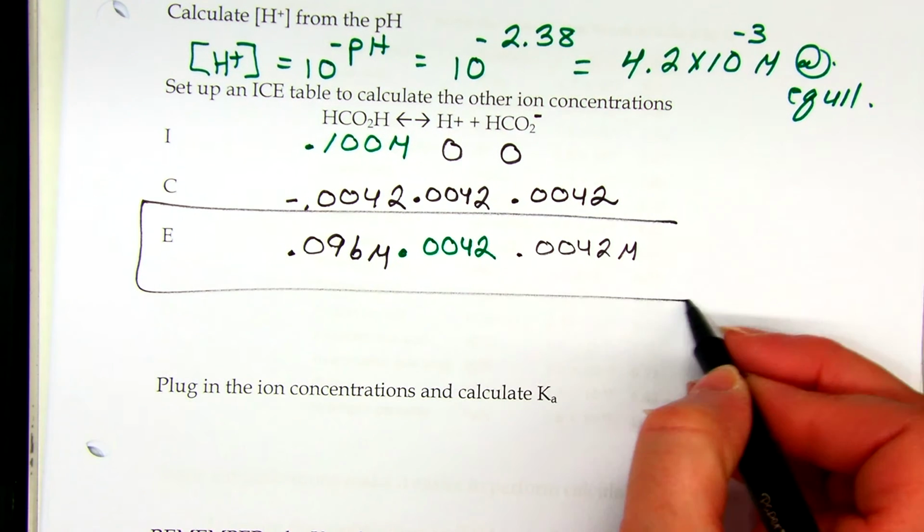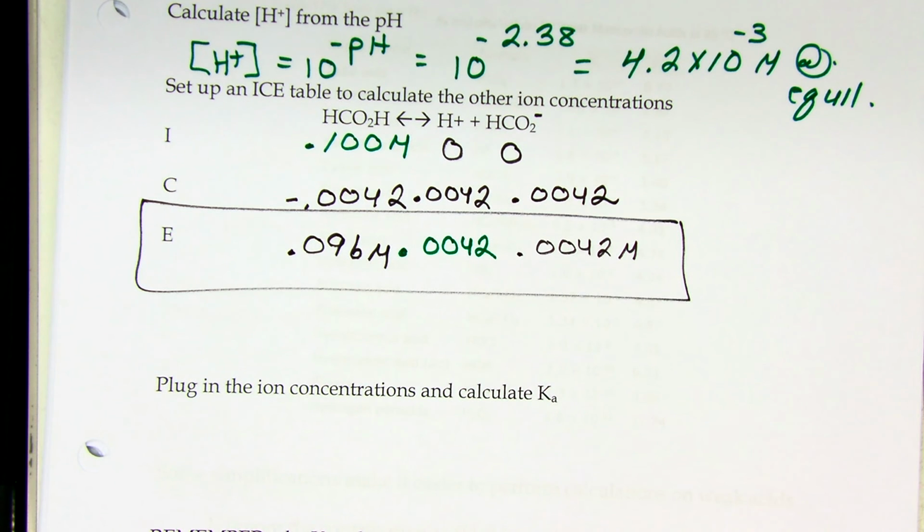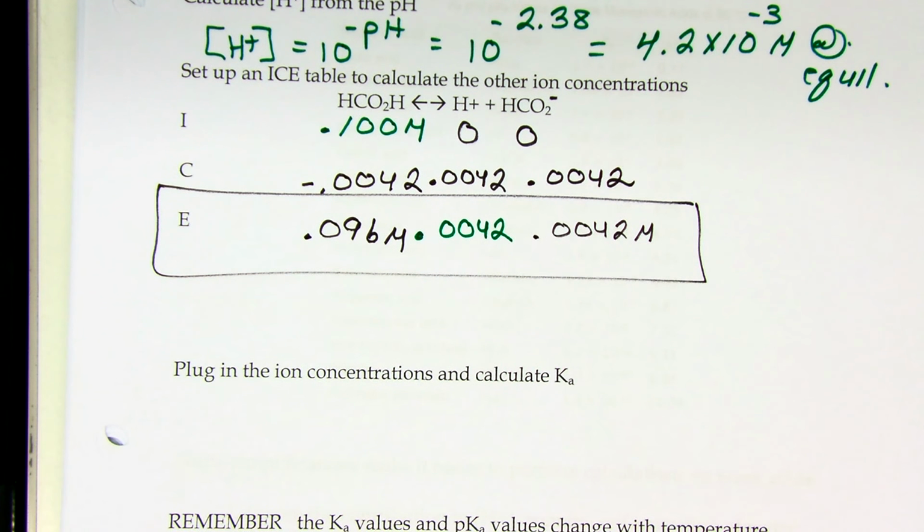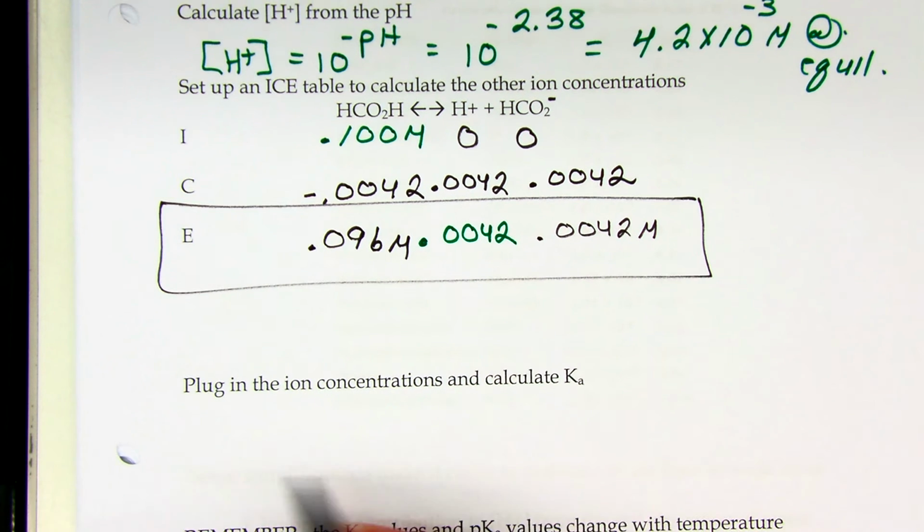So now I have the equilibrium line, and I have all of the equilibrium concentrations, so I can find my Ka just like I did with any other equilibrium in Chapter 15. This is the same, only easier because it's all 1-to-1 stoichiometry. You don't have to worry about 2s and 3s and squaring and cubing things. I think that makes it easier.